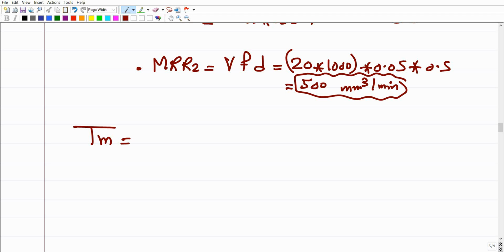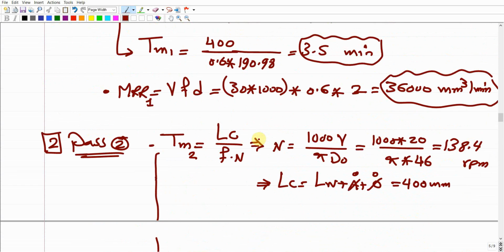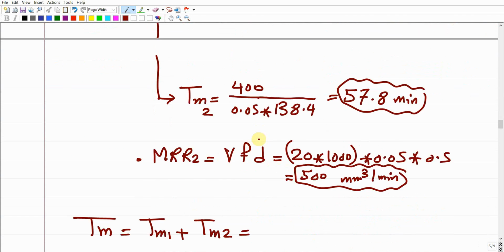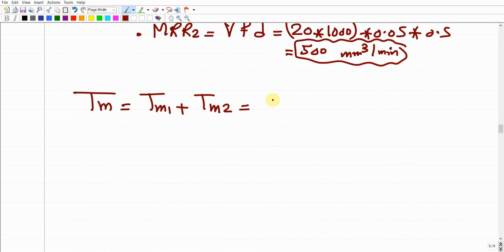Definitely it is going to be the machining time 1 plus the machining time 2. Your objective is just to sum 57.8 plus 3.5. This is going to give us 61.3 minutes as the total machining time to perform the entire turning operation.